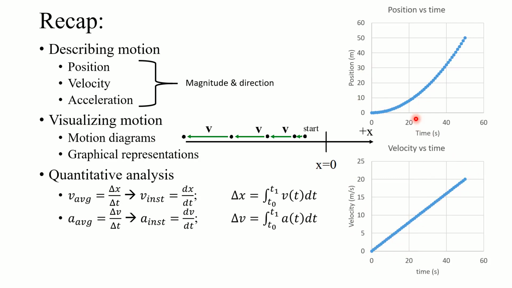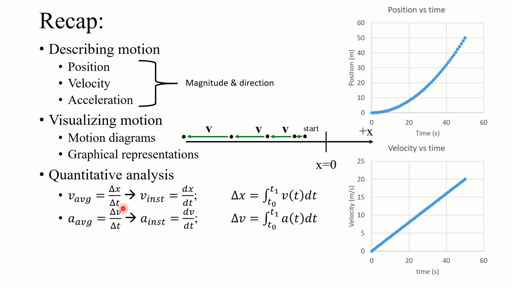On the position versus time graph, the slope of that graph is the velocity, and you can see in here the slope's getting steeper and steeper, which means the velocity is getting larger and larger in the positive direction. And then the acceleration would have been just the slope of that velocity versus time graph. So we looked at those graphical representations.